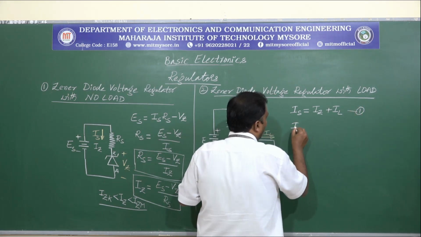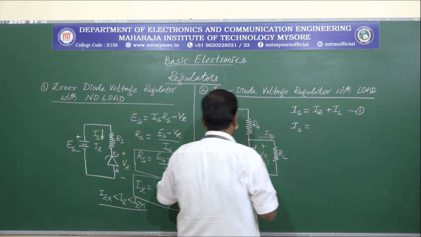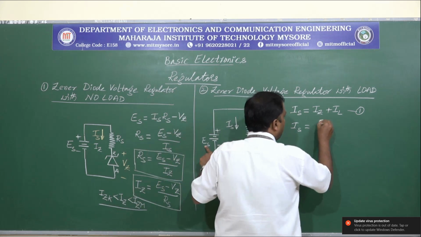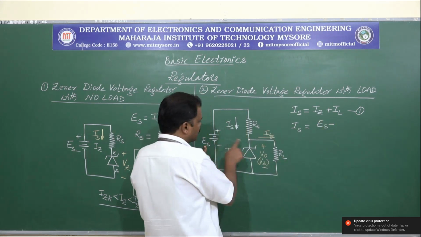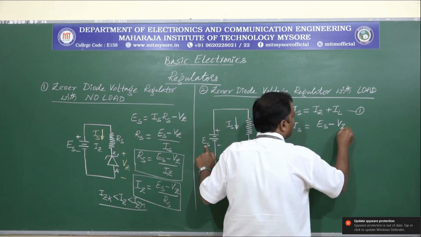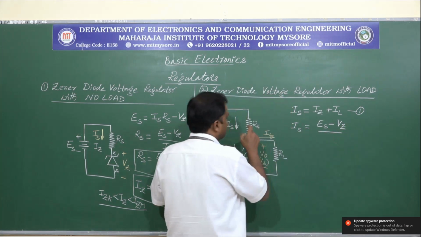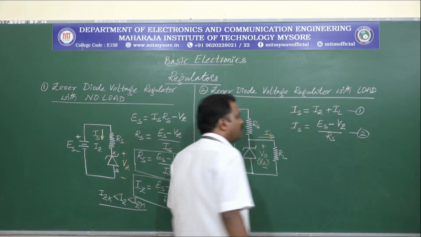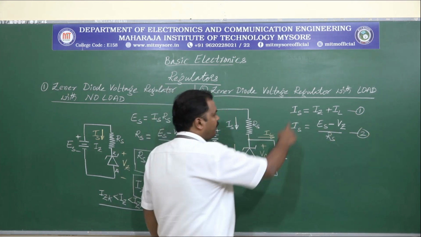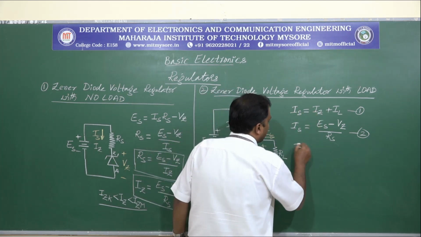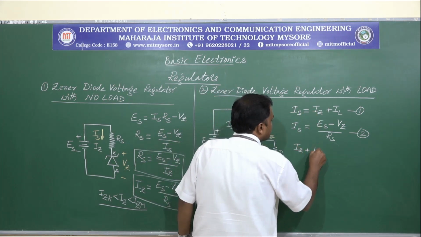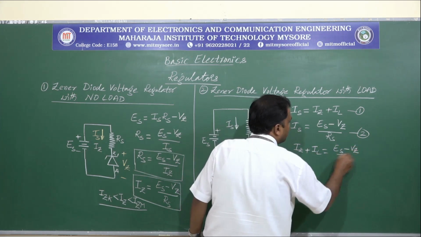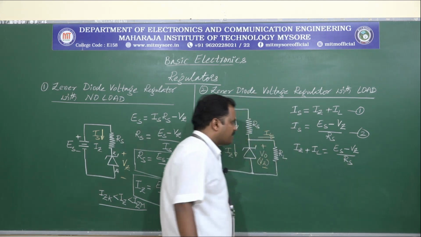Is can also be written using KVL as Es minus Vz divided by the series resistance Rs. Let this be equation 2. By equating these two equations, I can write Iz plus IL is equal to Es minus Vz divided by Rs.